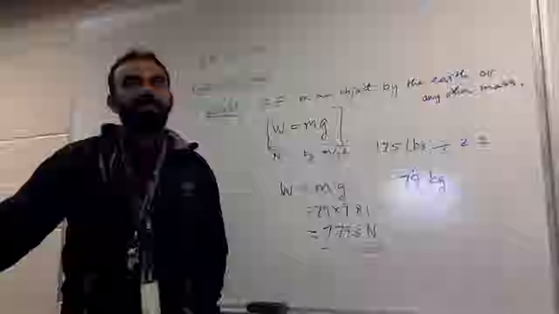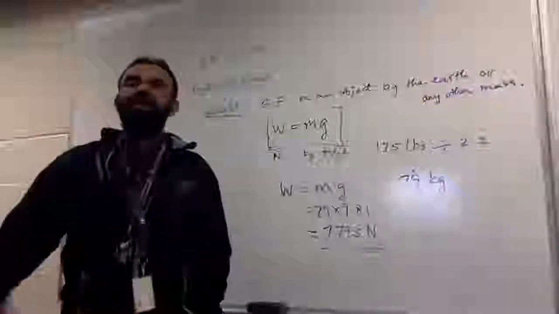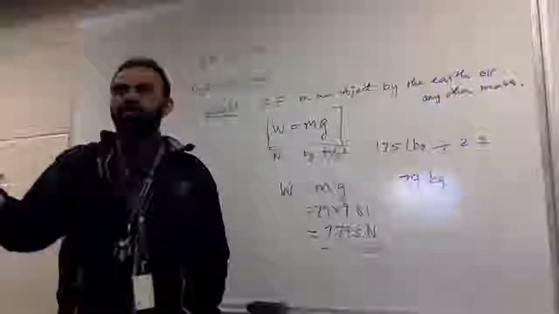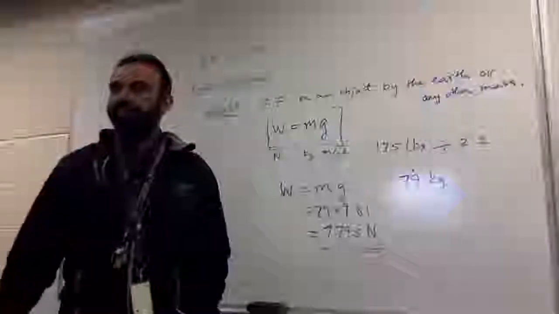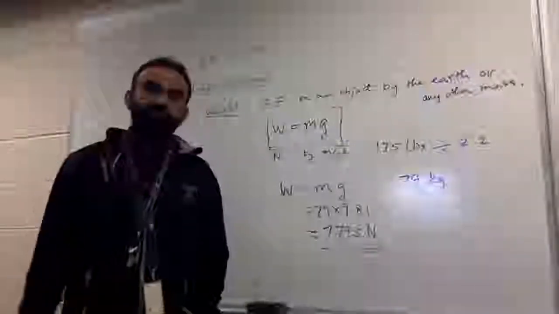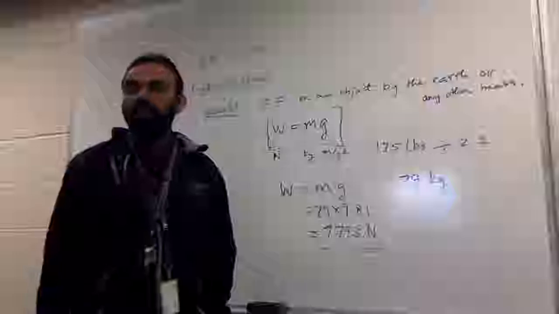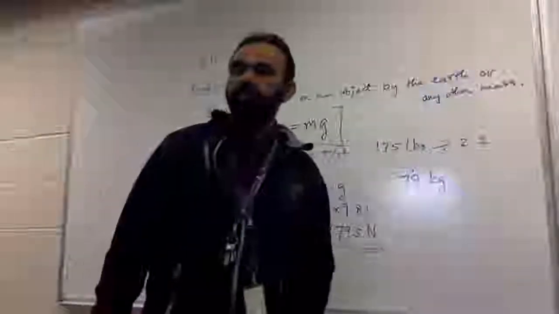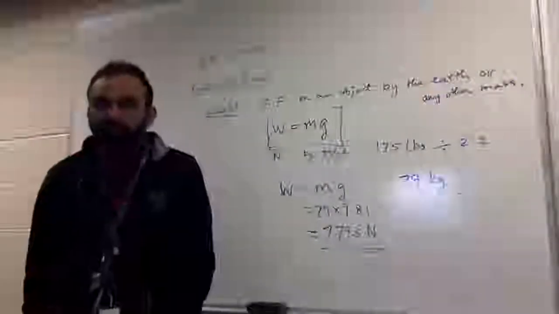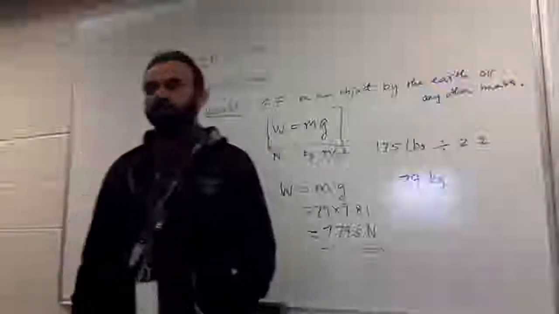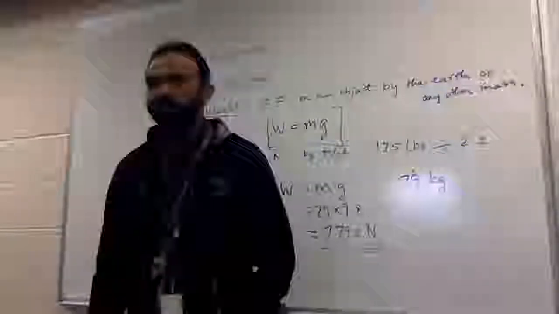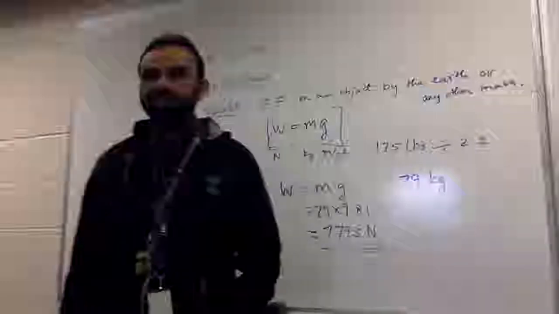So weight depends on where you are. Are you on Mars? Are you on the moon? That's what the weight depends on. What about mass? What is your mass on the moon? The same, no difference. Mass never changes.